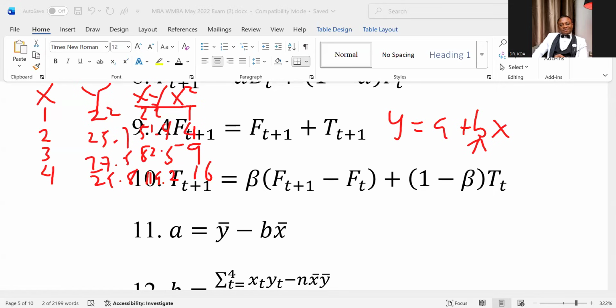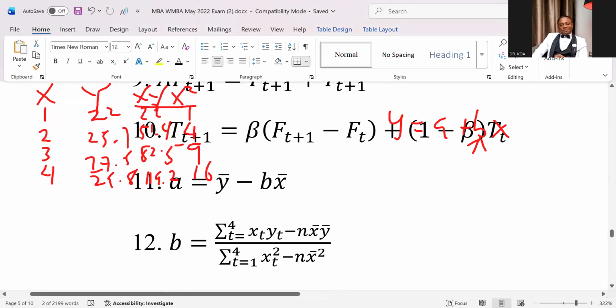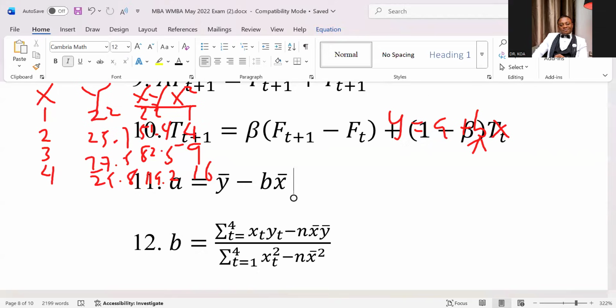Okay, thank you. Okay. So now, the formula that you're going to use to find the B. So our goal is to find the A and the B, but find the B first, because once you find the B, it helps you to find the A. The B is the slope. It tells you how demand is changing over time. That's basically what it's doing. How does demand change over time?